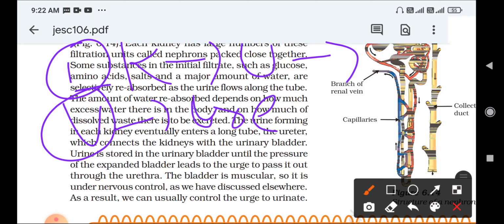Okay, remember this procedure. Urine is generated in the kidney, passes through the ureter, a long tube, to the urinary bladder, and from the urinary bladder to the urethra. Sometimes it is asked for one mark in an MCQ: write the ordered manner of excretion of urine in human beings.